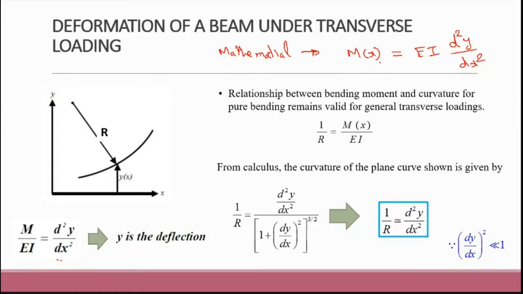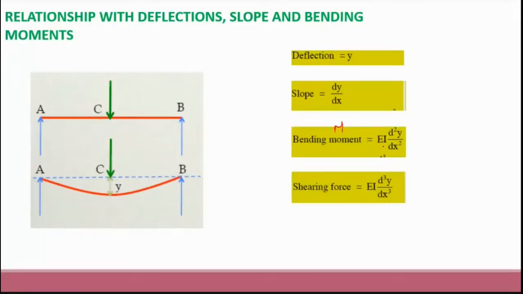Now this M, how do we identify this M value? Identify the bending moment at that particular point. This is M, which we call EI d square y by dx square. Of course, when I differentiate this, I'll get d cube y by dx cube, which is your shear force.